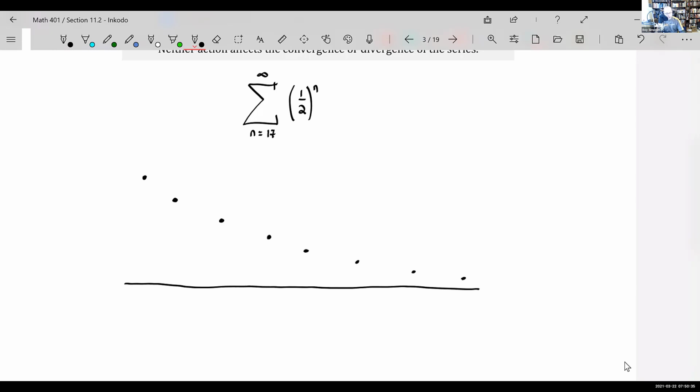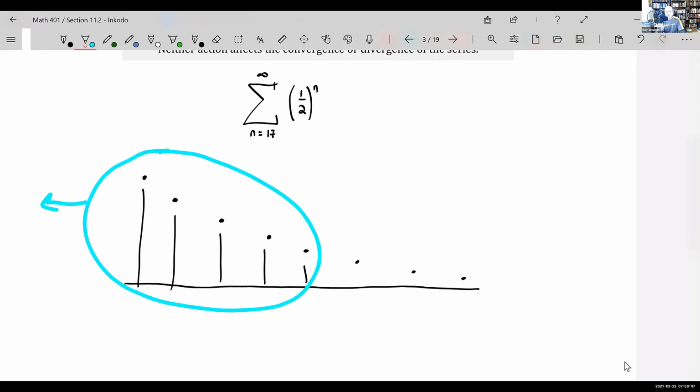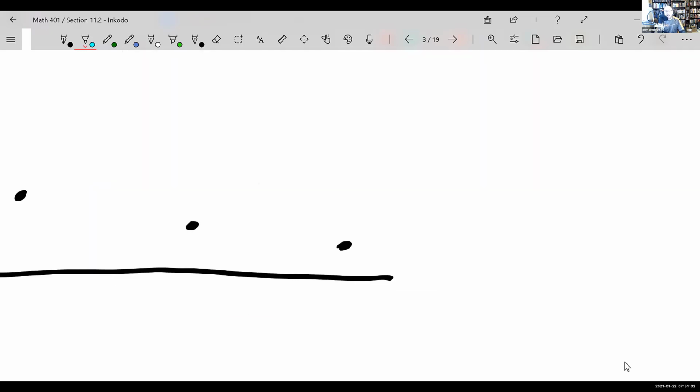If I want to ignore the first few values of that sequence and just throw them out, the reality is that throwing out a finite number of terms in a sequence or a sequence of partial sums does not change the convergence or divergence, the end behavior. The convergence or divergence of a sequence is all about the end behavior. So you would zoom in to what happens as n goes to infinity. We don't care about those first few terms.